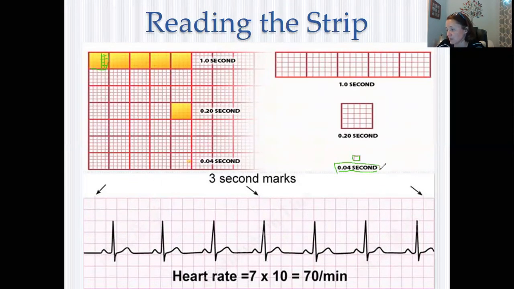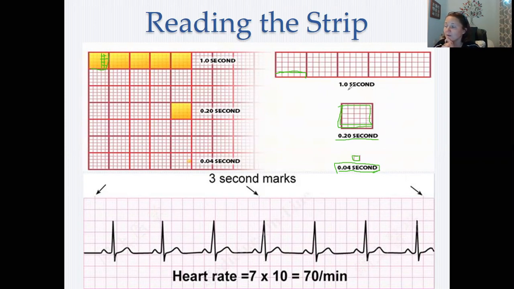0.04 seconds. Tiny little box. So 5 tiny little boxes represents 0.20 seconds. So 5 times 0.04 equals 0.20. So 5 tiny little boxes is these bigger red squares. So these bigger red squares are 0.20 seconds.